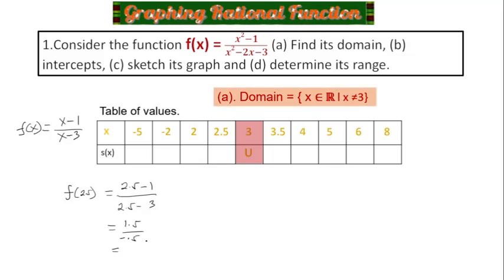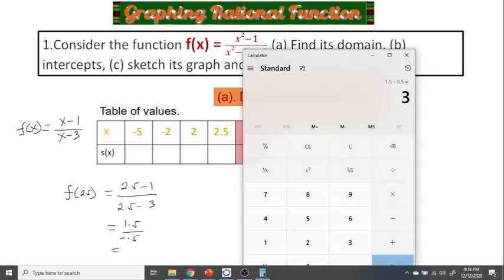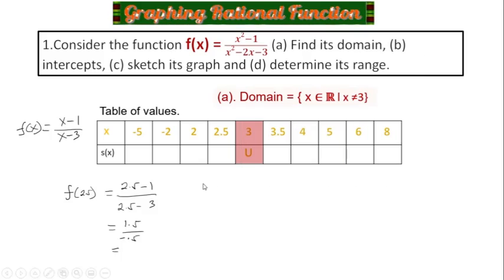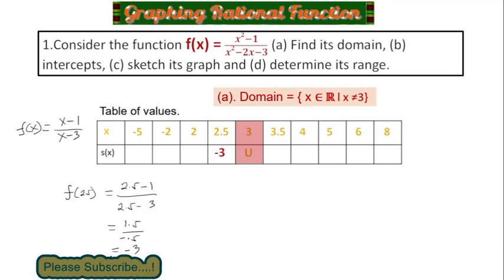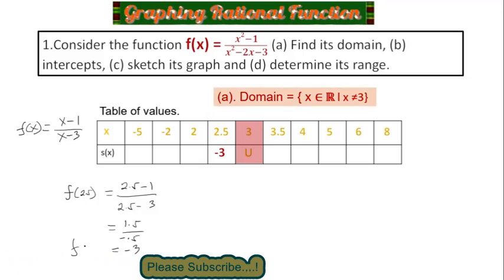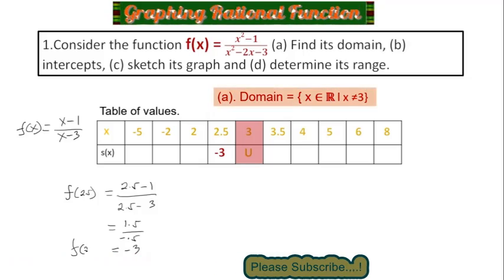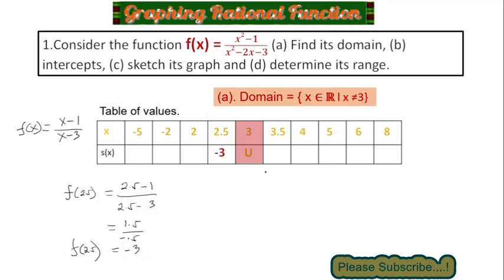Using our calculator, 1.5 divided by negative 0.5, the answer is negative 3. So this is the value when x is 2.5. Okay, let's try 2.